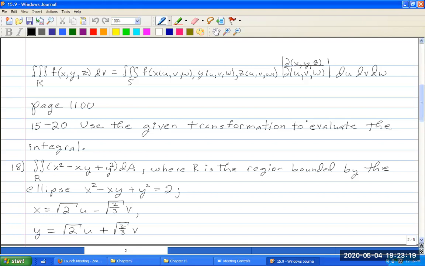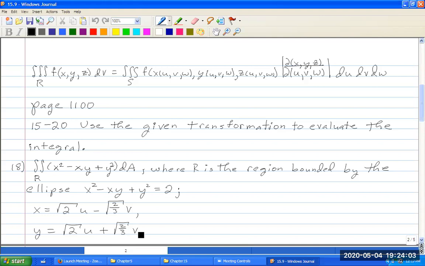So I want to evaluate the double integral of x squared minus xy plus y squared, where R is a region bounded by the ellipse x squared minus xy plus y squared equaling 2. And the transformation is the following. X is equal to rad 2 u minus rad 2/3 v. Y is equal to rad 2 u plus rad 2/3 v.